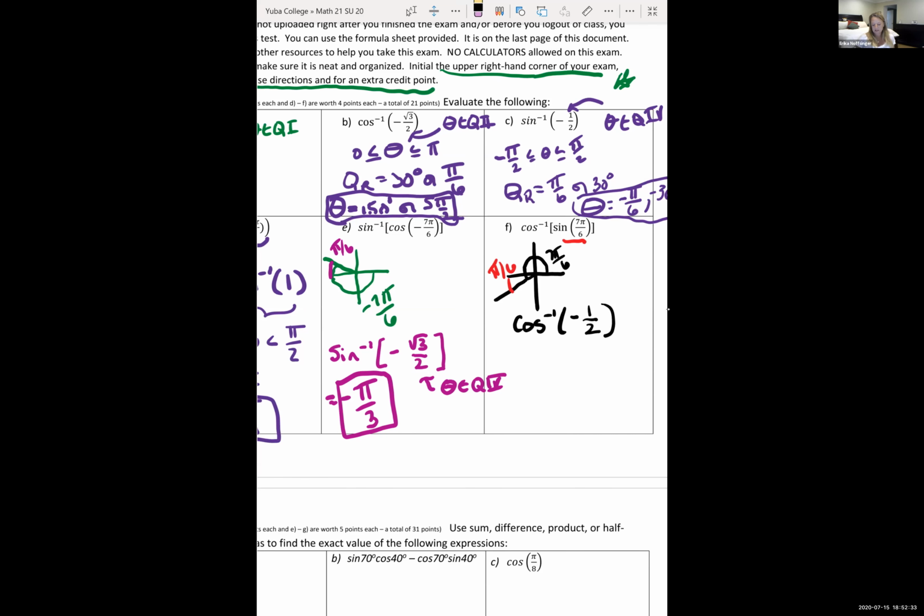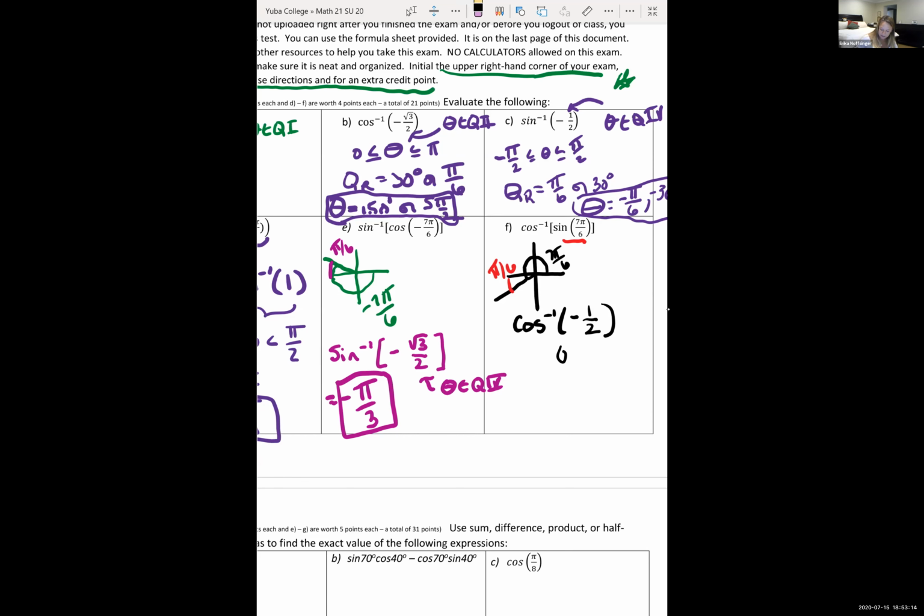So for cosine inverse, we're between 0 and pi. Cosine is negative in quadrant 2. I think about my reference angle, that would give me back positive 1/2, which I know is 60 degrees. Okay, 60 degrees, which is pi over 3, but I need to be in quadrant 2.